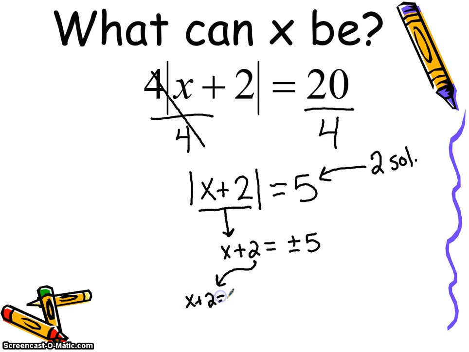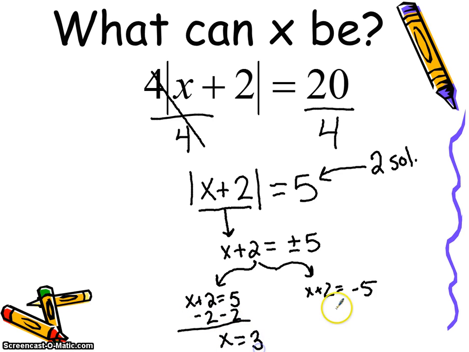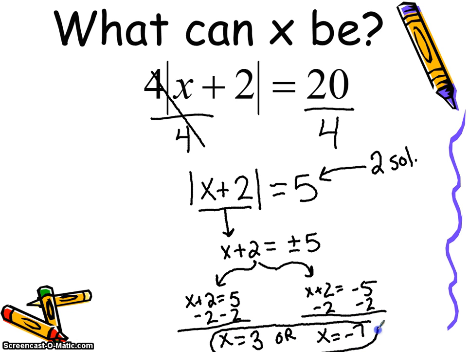X plus 2 equals 5, or x plus 2 equals negative 5. Use inverse operations to isolate the variable, and we get x equals 3. Do the same to the second equation, we get x equals negative 7. So for this equation, the solution is x is either 3 or x is negative 7.